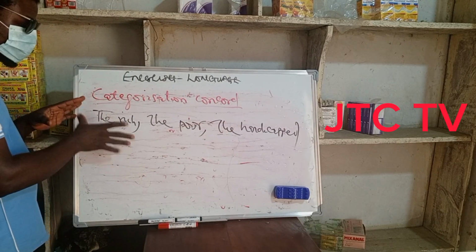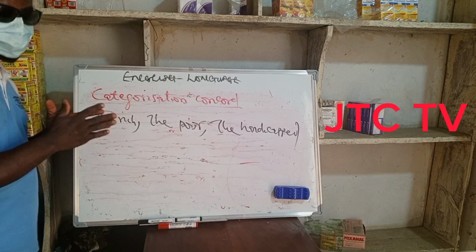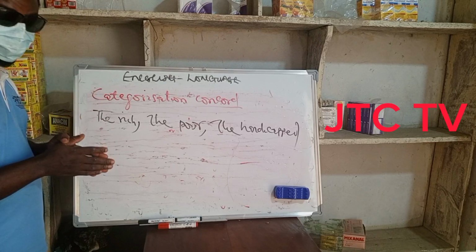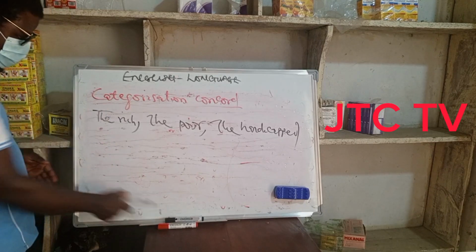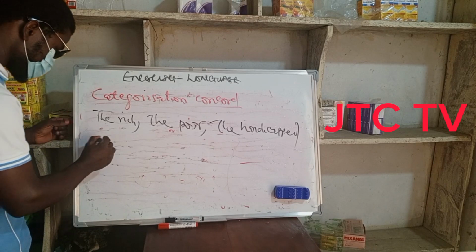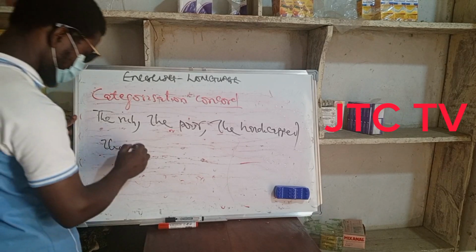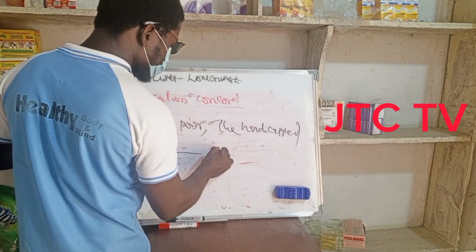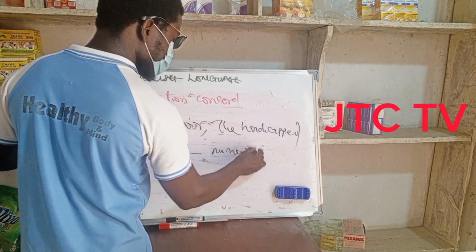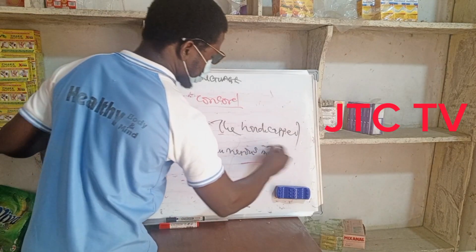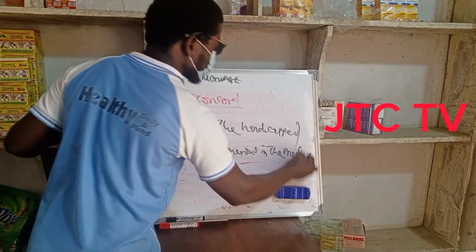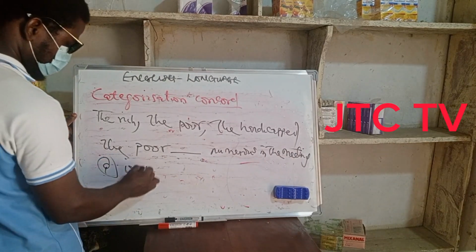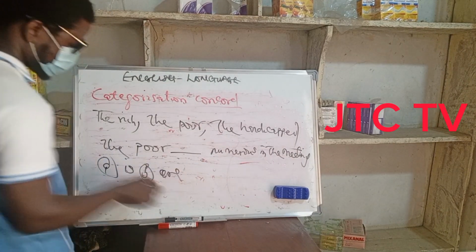So when you find out that these words are present in a sentence, the verb of that sentence should be plural. For example, we have the poor dash numerous in the meeting. Right? We have option A, is, option B, are.